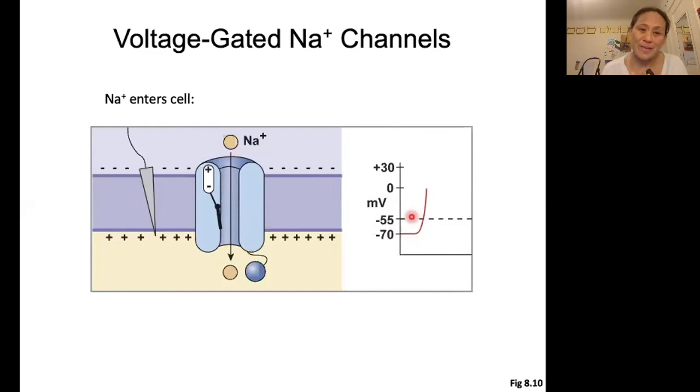Sodium wants to be at a positive membrane potential. Remember, its equilibrium potential is plus 60 millivolts. So it is going to move into the cell in order to bring the membrane potential up, okay? So sodium's gonna move into the cell. We are going to get this depolarization. So we're entering the rising phase of our action potential.